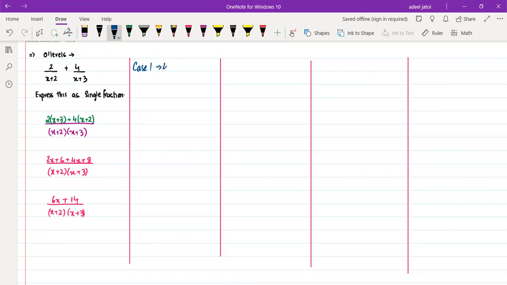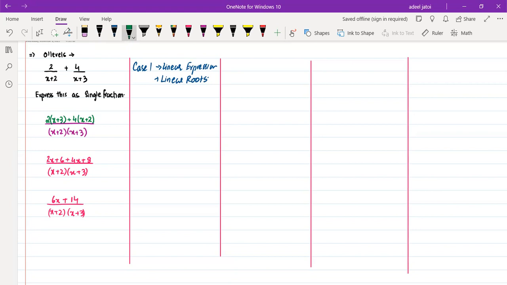That means linear expressions, or in other words, linear roots. Now, let's take an example of the same question that we did.